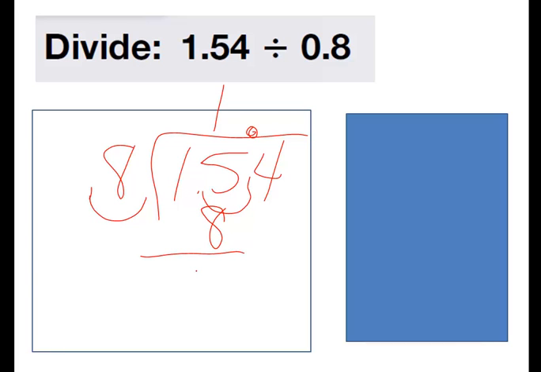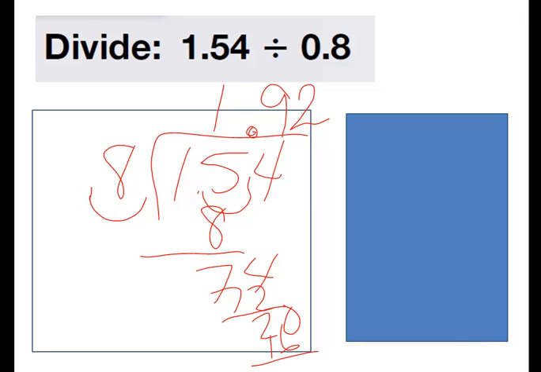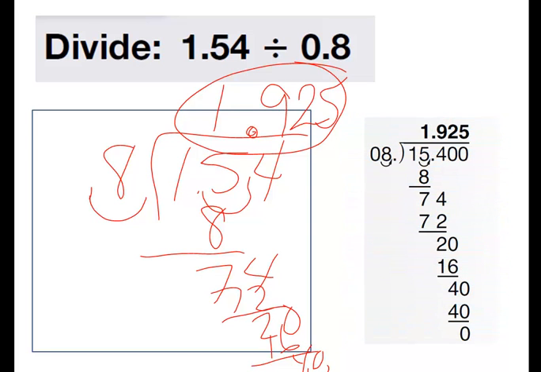And when we subtract it, it's 7. 8 goes into 74 9 times. 9 times 8 is 72. 8 goes into 22 times. That's 16. And the remainder 4, bring it out, and 8 goes into 45 times. 5 times 8 is 40. So our answer should be 1.925. There we go. Sorry about that.